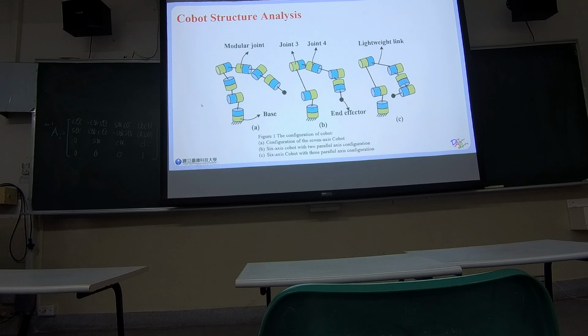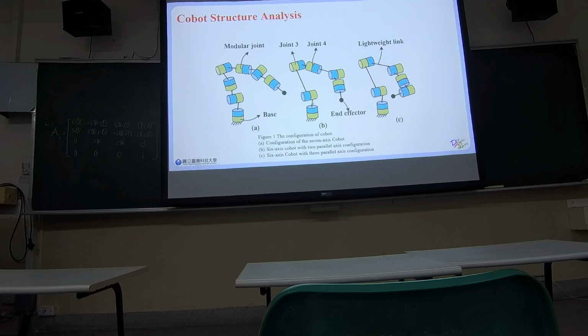This slide illustrates different configurations of cobots. And figure 1, the 7-axis configuration, is designed to have enhanced dexterity, providing more flexibility to operate in confined spaces. It is commonly used in assembly and material handling.